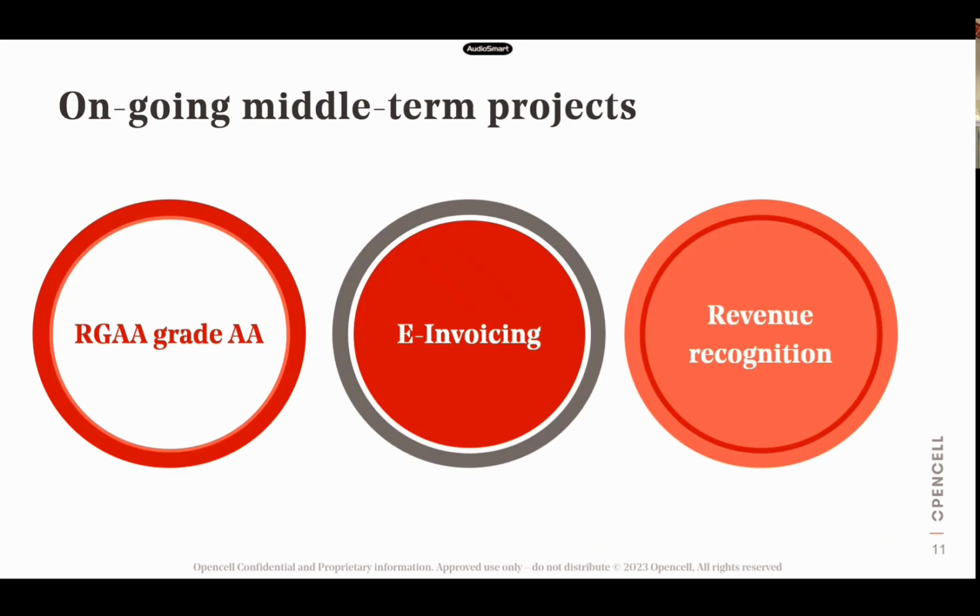And to finish on this, before discussing Opencell 14 in full, we'd also like to give you some news on projects we are working on in the mid term. There's one with many letters, RGAA. We want to reach accessibility grade AA for the Opencell portal. There's been some analysis done, and now we are building a plan to improve that grade.